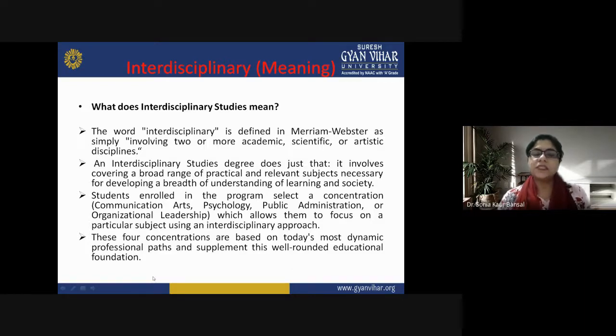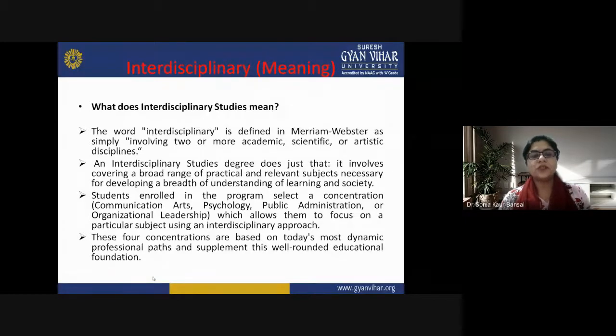So an interdisciplinary studies degree does just that. It involves covering a broad range of practical and relevant subjects necessary for developing a breadth of understanding of learning and society. So, in a nutshell, just understand what is interdisciplinary.